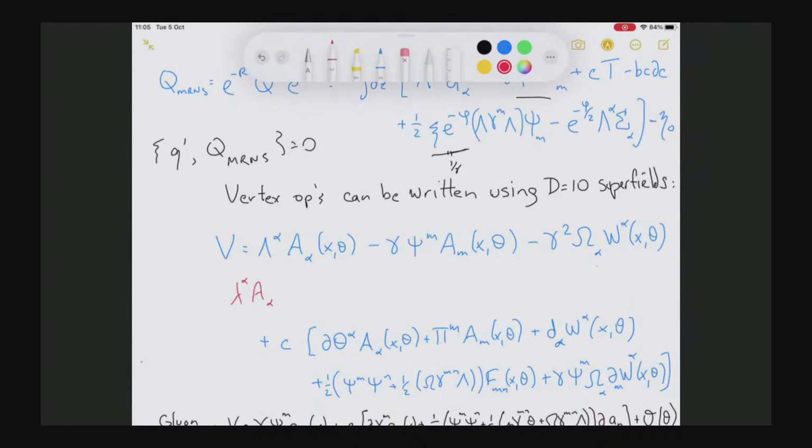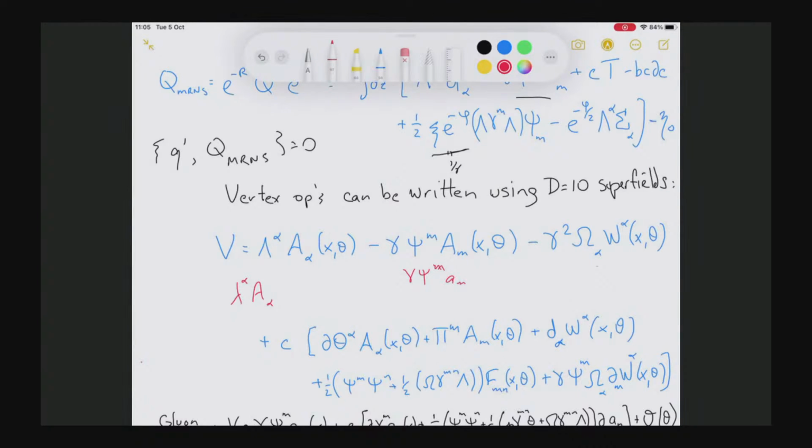I should have stressed this. Capital lambda is unconstrained. It's just a 16-component spinor, whereas small lambda is a pure spinor. So it does look a little bit like the pure spinor formalism, but it also has a term which, of course, looks like the unintegrated vertex operator in the RNS form.